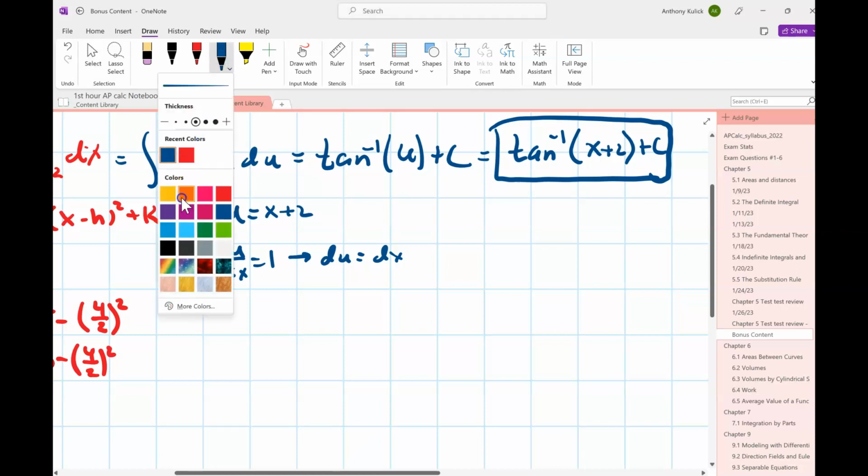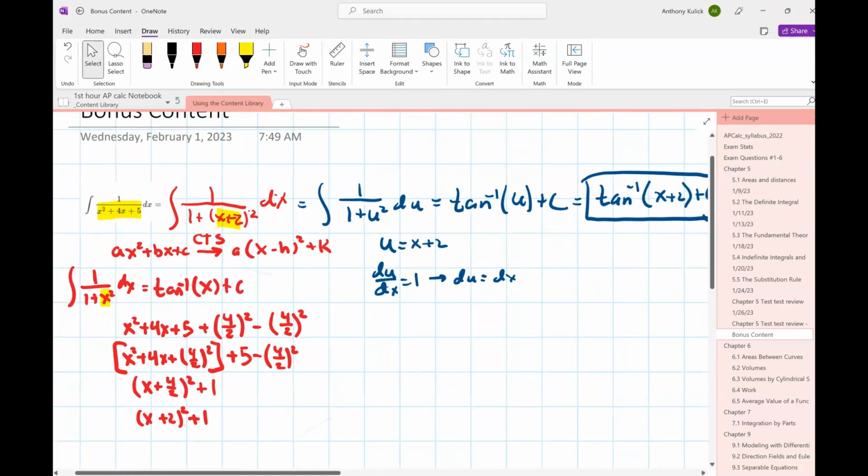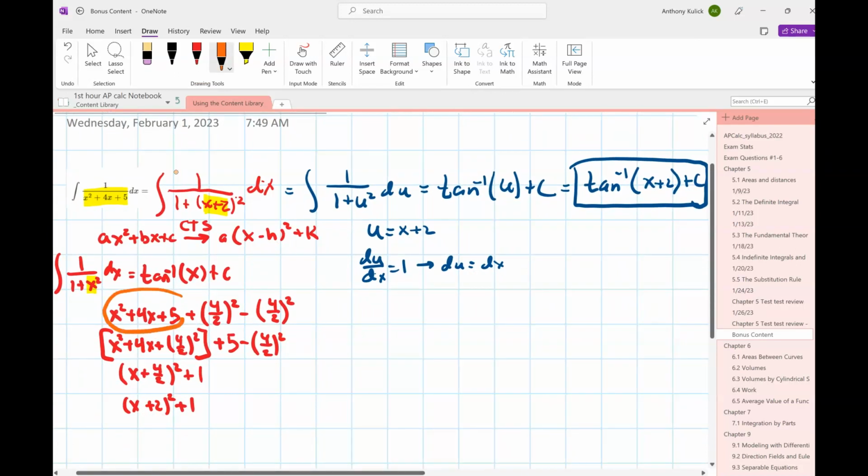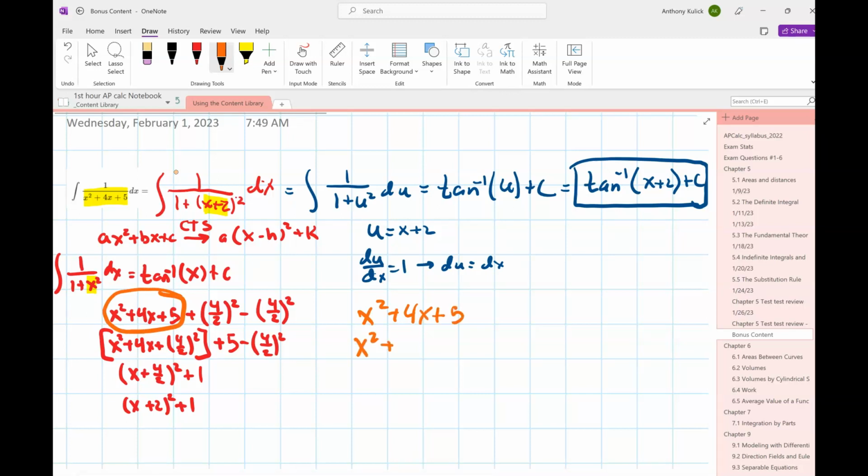And it's worth pointing out that Mr. Kulik can do this in his head. All he's going to do is go, okay, b over 2 squared is 4, so I'm just going to rewrite 5 as 4 plus 1.